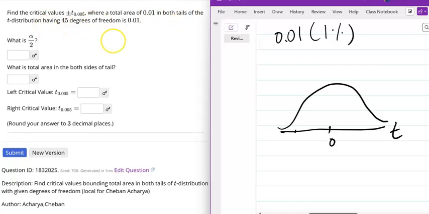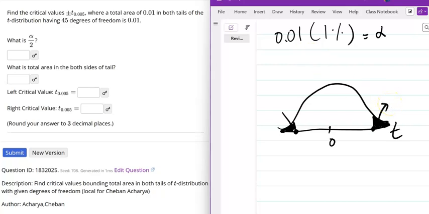So here is one point and another point here. Okay, the both sides, this area which I highlighted with the black color, that's going to be the total area. So this total area is going to be 0.01, which is called alpha.